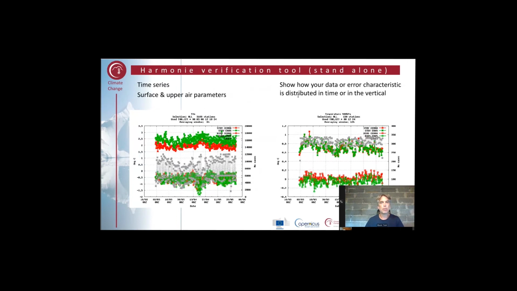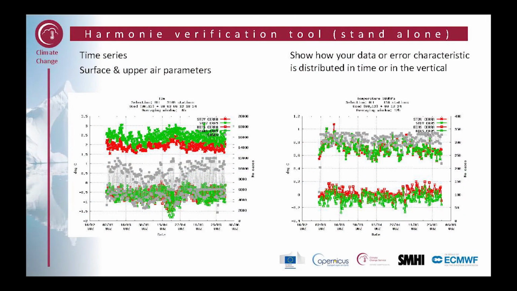We can also look at time series. Can be a bit messy, these plots. But the left plot shows 2-meter temperature. And you can see the red dots, again CERRA is in red, we are standard deviation slightly better than ERA5 through all the period.